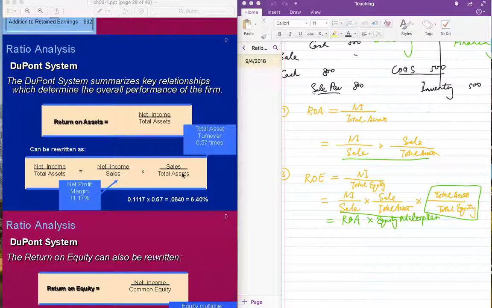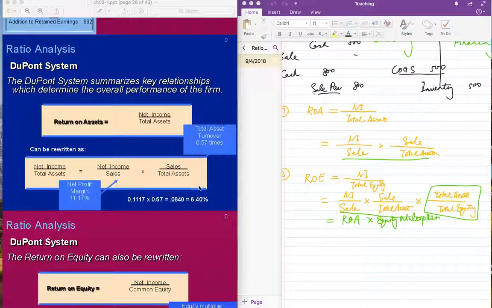So how do you generate more sales? You want to improve sales divided by total assets. You want to turn over more frequently and generate more sales, so turnover of sales is greater. And then you might do some more advertisement, more commercials, or give some promotions in sales.